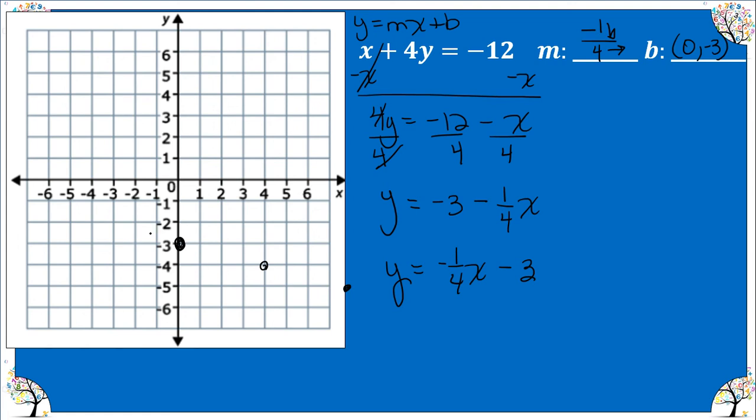Then we're going to see what's on the left by reversing. Instead of down and right, we're going to go up and left. So up 1 and left 1, 2, 3, 4. Up 1 and left 1, 2, 3, about 4 here. And we have a negative slope, and that's why we see going from left to right, it is going downhill.